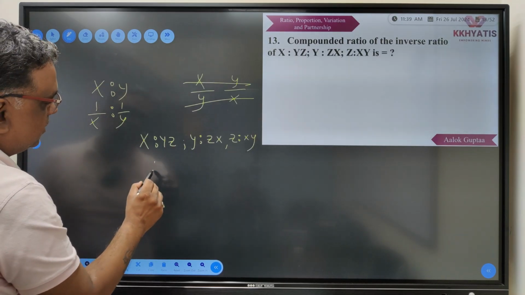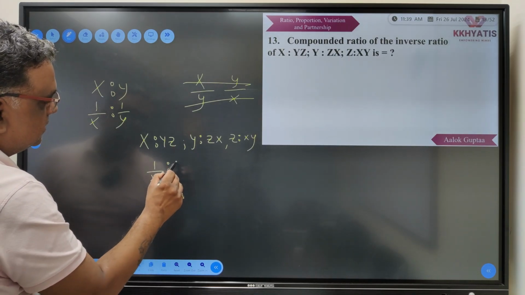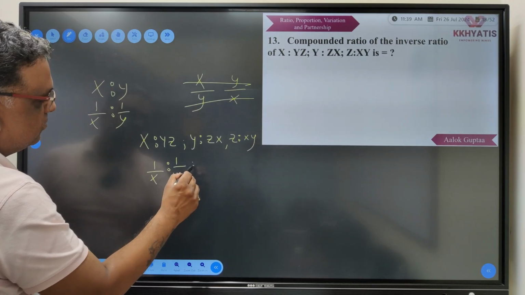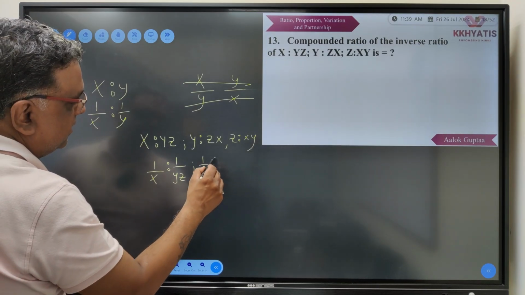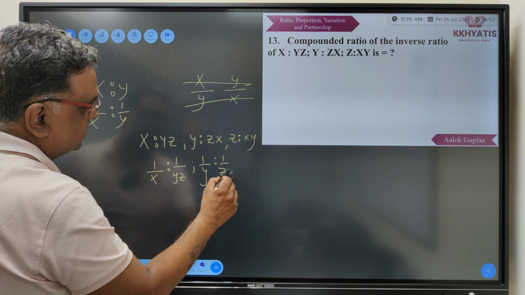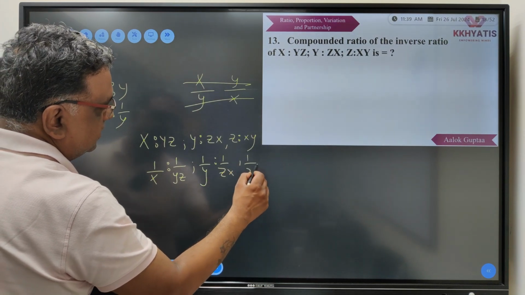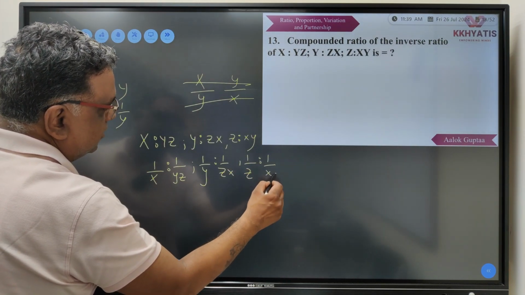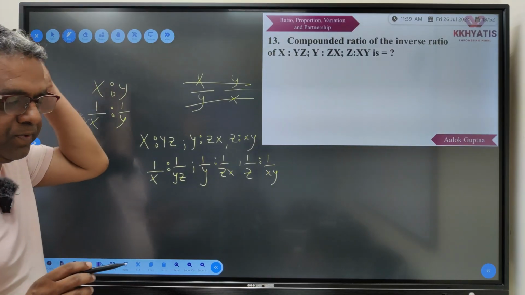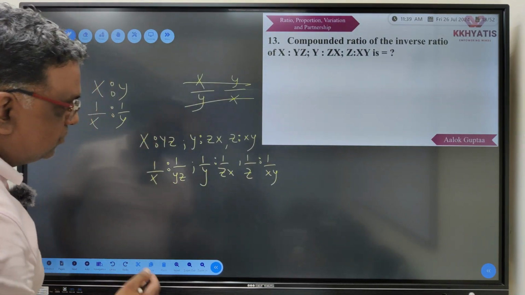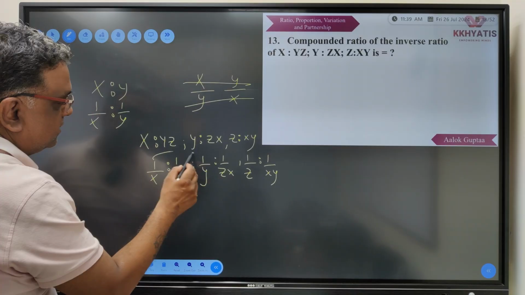So what will its inverse ratio be? 1 upon x is to 1 upon yz. So first we will find the inverse ratio. This will be 1 upon y is to 1 upon zx. And this one, 1 upon z is to 1 upon xy. So now I have first found the inverse ratio. Now I have to find the compounded ratio. So for the compounded ratio, as I told you, I'll multiply respective quantities.